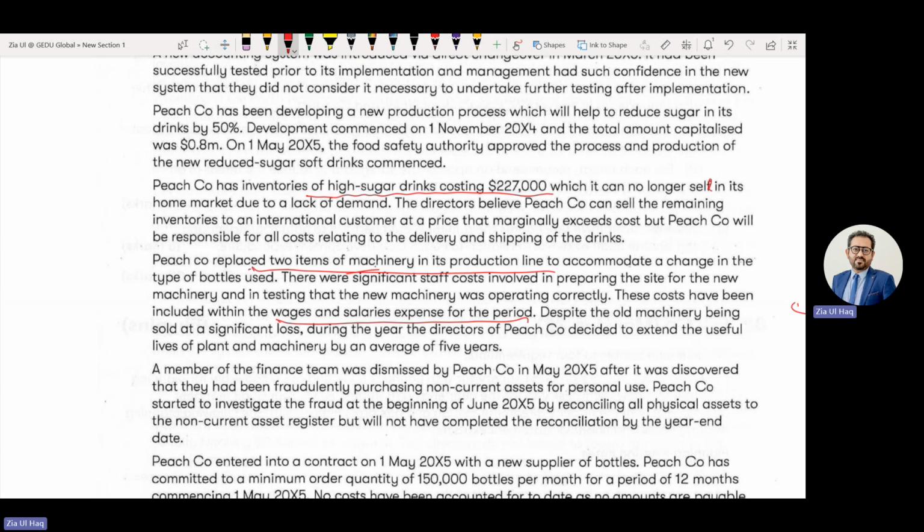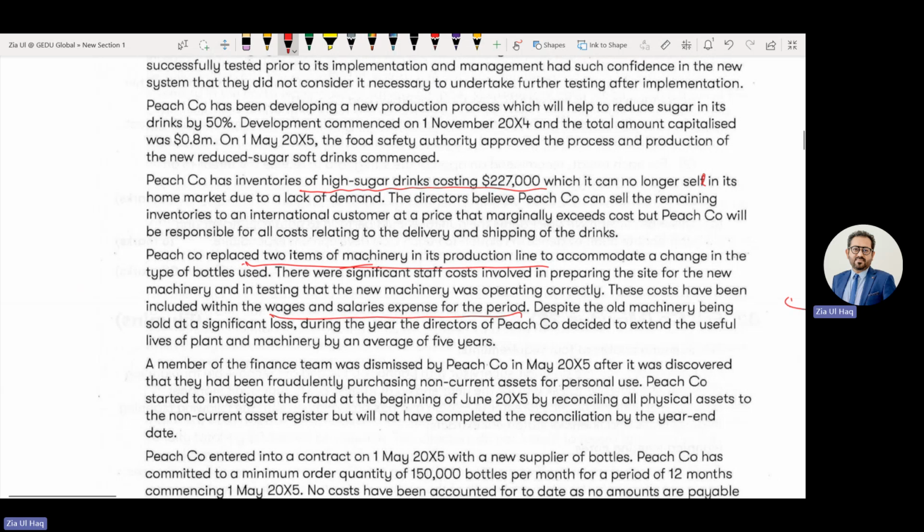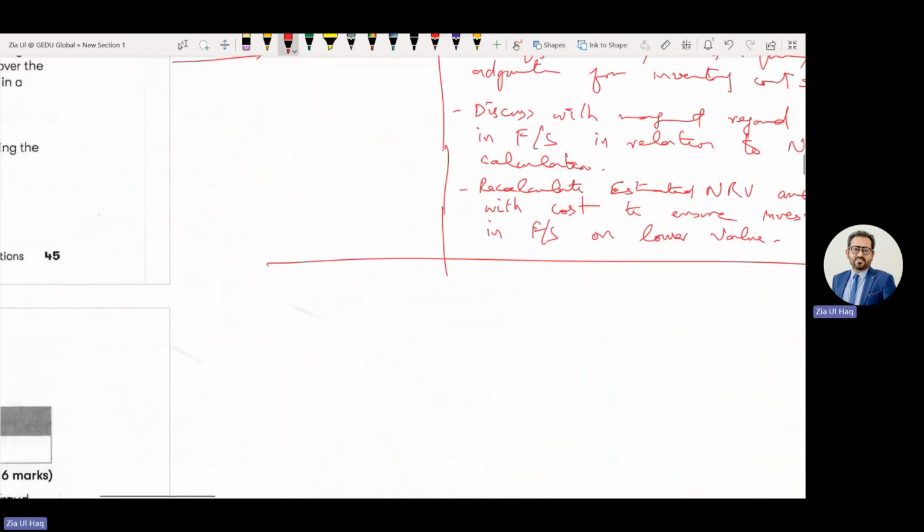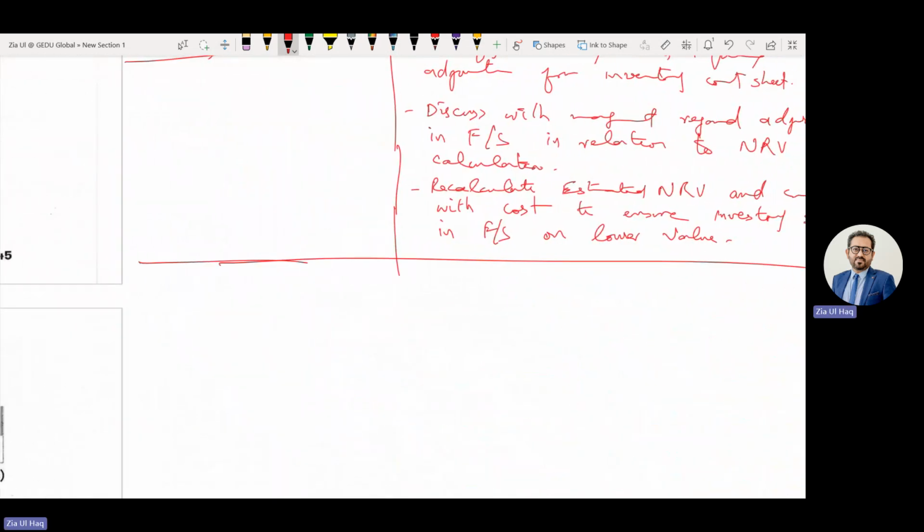Despite the old machinery being sold at a significant loss during the year, the directors of each company decided to extend the useful life. This is another issue. But first, we should discuss capitalized and revenue nature expenditure. So we can say wages and salaries are machinery improvement cost.